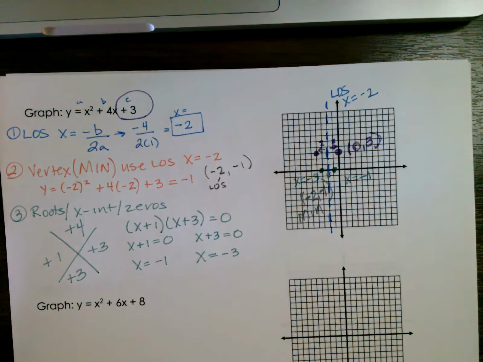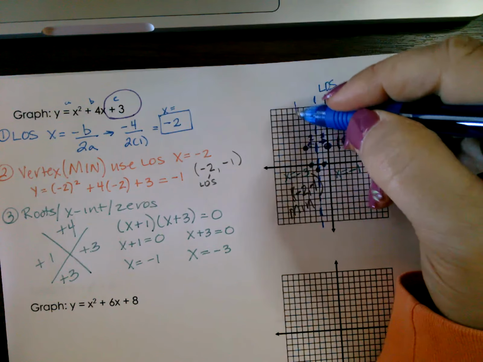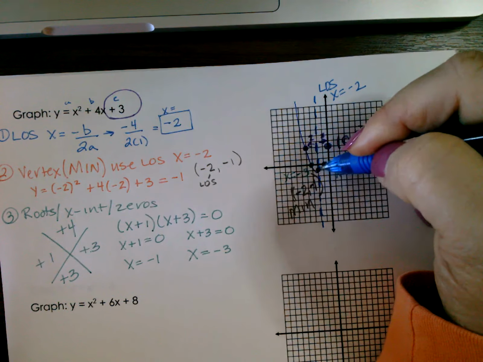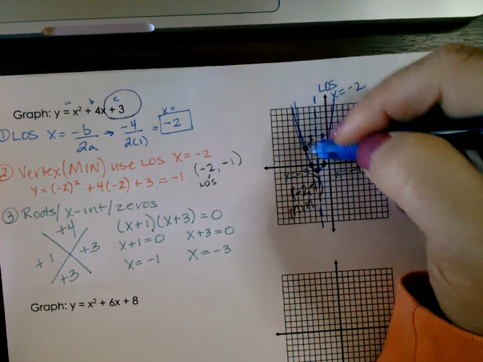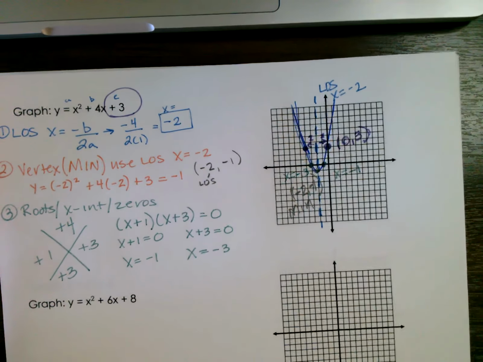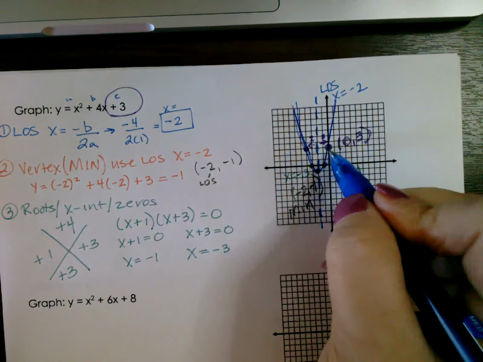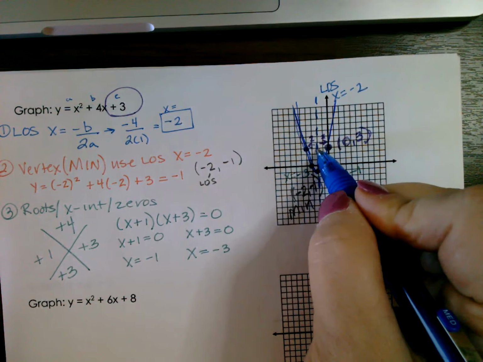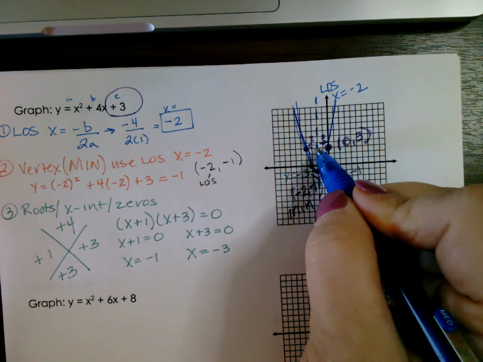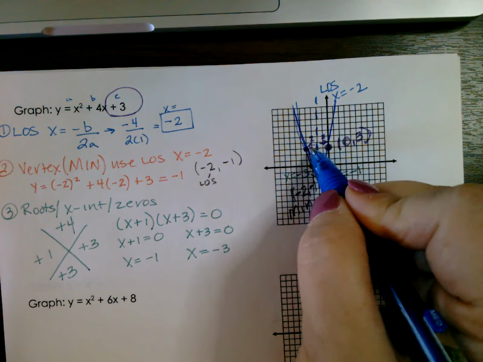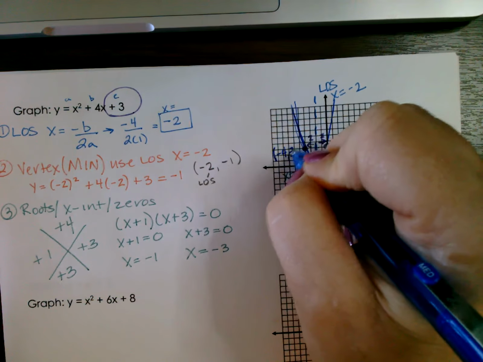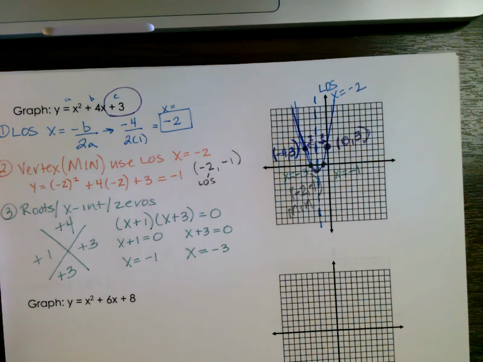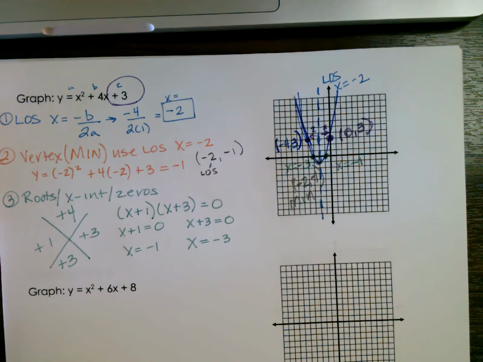This time when we go to graph, we can even be more accurate because we have 5 points on our parabola. I did not do a good job connecting my points. If this is negative 2, 2 more to the left, I would have the ordered pair of negative 4, 3. That's a lot of information on one graph.